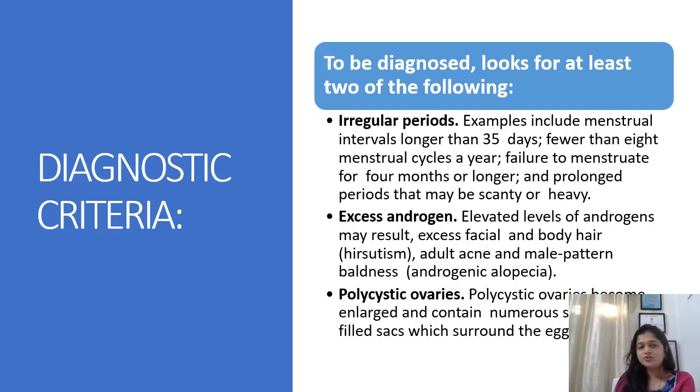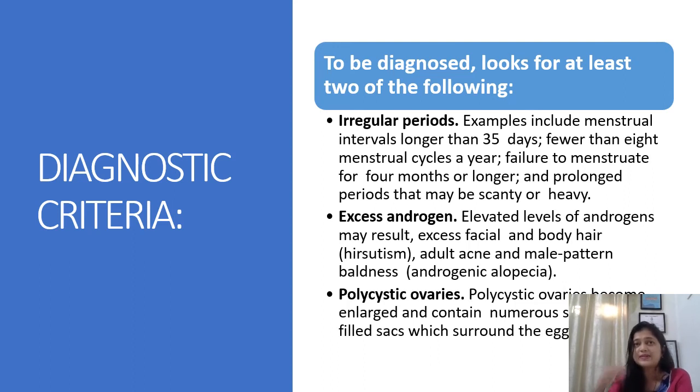Now, coming to the diagnostic criteria for PCOS, to be diagnosed with PCOS, you have to have any two of the following symptoms to be present. First of all, irregular periods, excessive androgen symptoms, or the polycystic ovaries that is visible on the ultrasound.